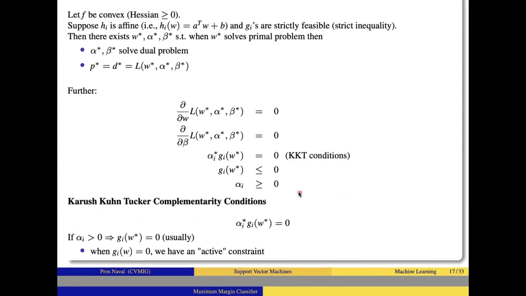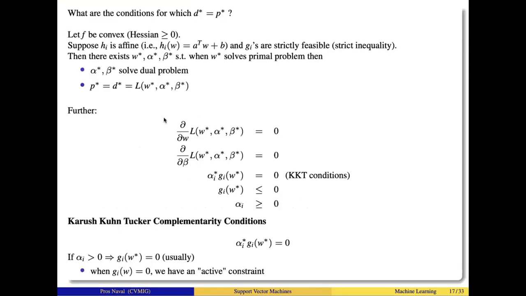It's called the Karush-Kuhn-Tucker complementarity conditions. So basically, it says that for the solution, alpha star subscript i times g_i of w star, where star means optimal solution, the product of this must be 0.